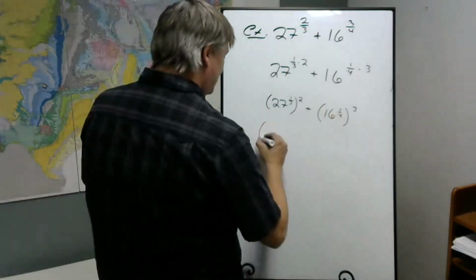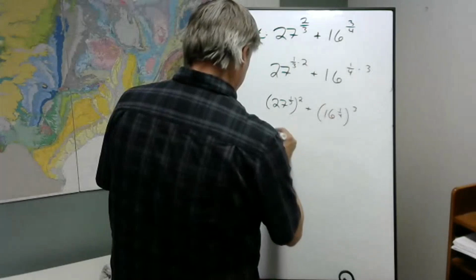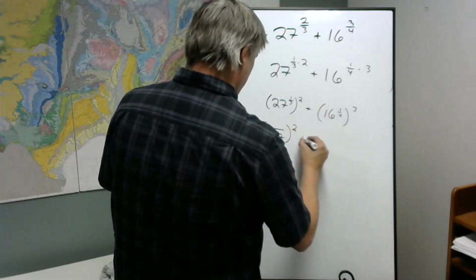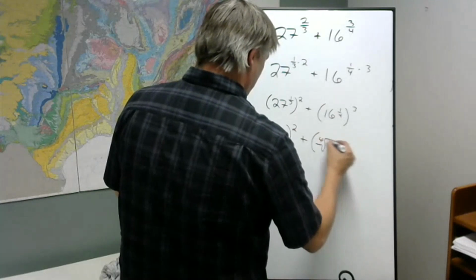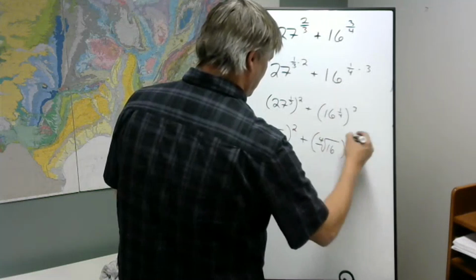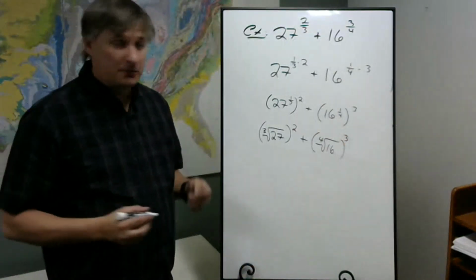Now, 27 to the 1/3 is the cube root of 27. So the cube root of 27 is 3.